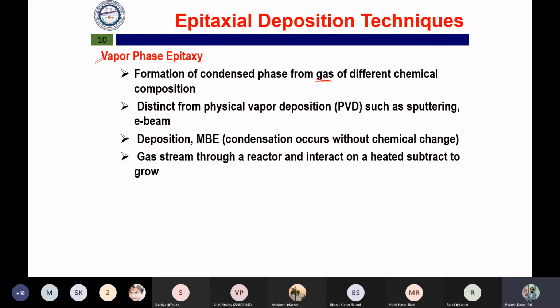Based on the reactions, there will be a deposition of a layer onto the surface of the substrate, and this method is vapor phase epitaxy. We will see vapor phase epitaxy in detail, and what types of different reactors are used to have this type of deposition. We will see that also, okay.